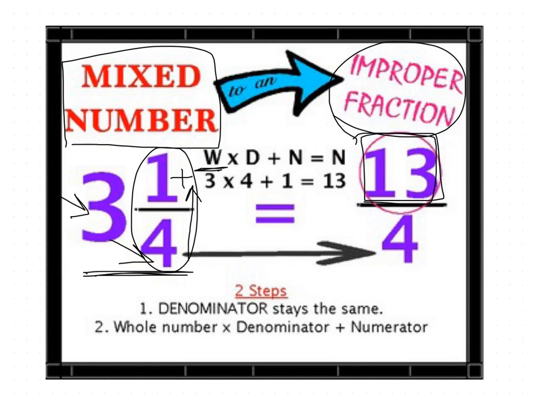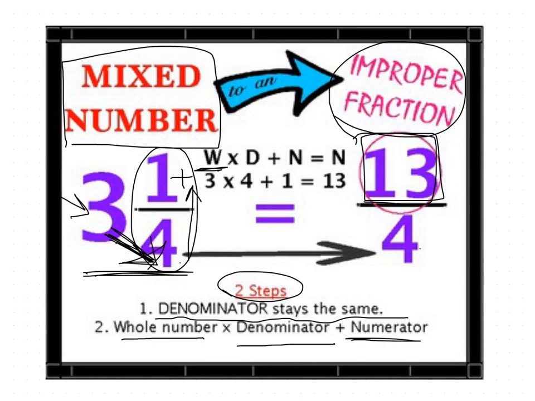What about the denominator? Keep the denominator the same. So we have 2 steps to do. Denominators will stay the same, don't change the denominator. Then multiply the whole by the denominator as we did in this one, and then add the numerator.